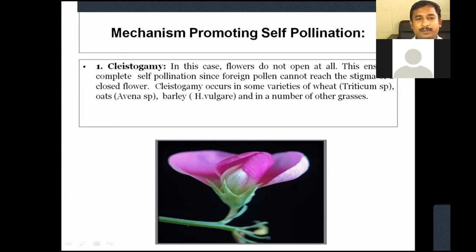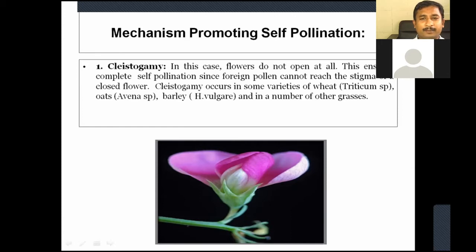All these three species are majorly important. Wheat is a major food staple crop, and oats is another major crop, and there is barley. Most of the barley is used for the production of beer.